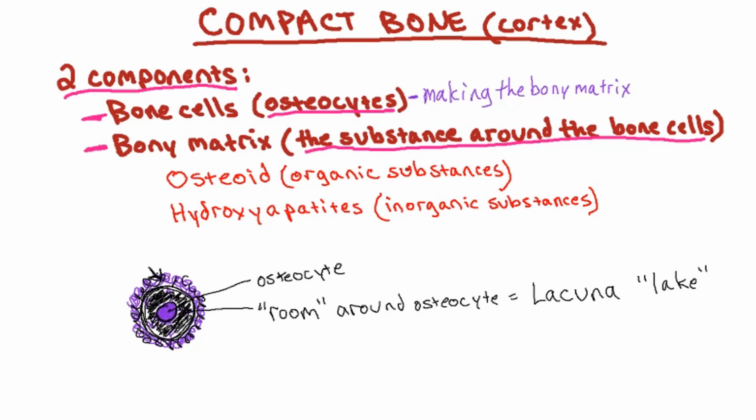So the name of the room the osteocyte lives in is called the lacuna, or plural, L-A-C-U-N-A-E, lacunae. And believe me, there are many of these. And then the bony matrix is on the outside of the room.